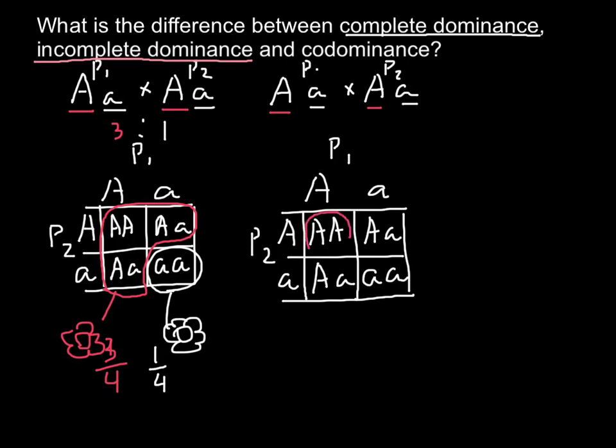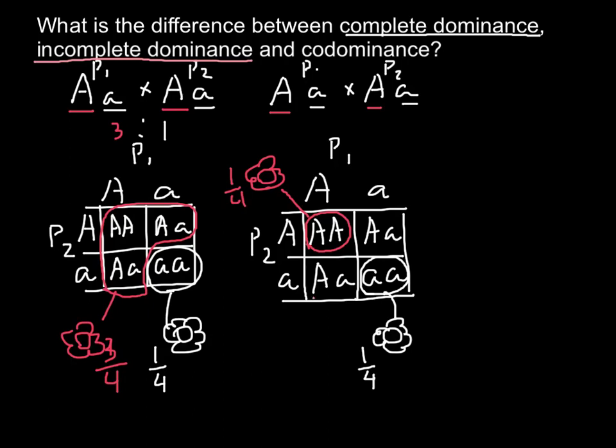This is going to be a plant with red flowers, and this is going to be 1/4 frequency. And when we have two recessive alleles, obviously this is going to be a white flower, and the frequency would also be 1/4.